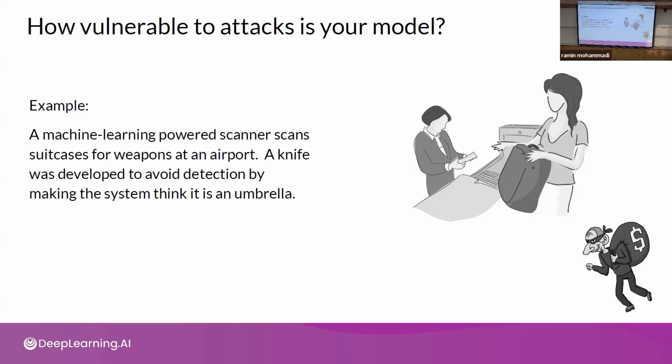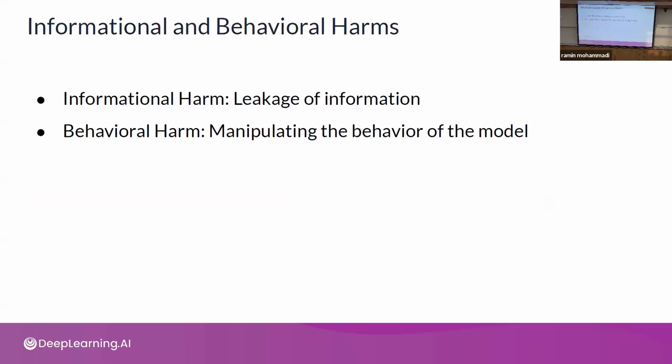I think there was an example where someone figured out that if you have a certain type of knife, the machine will detect it as an umbrella, and you can take it past security. So it's really important to test your model.